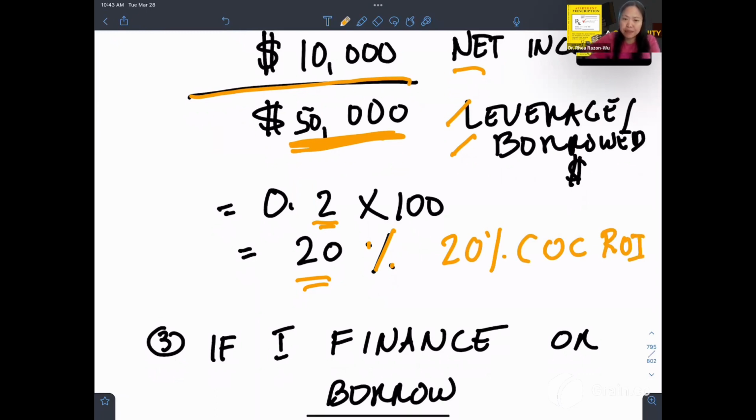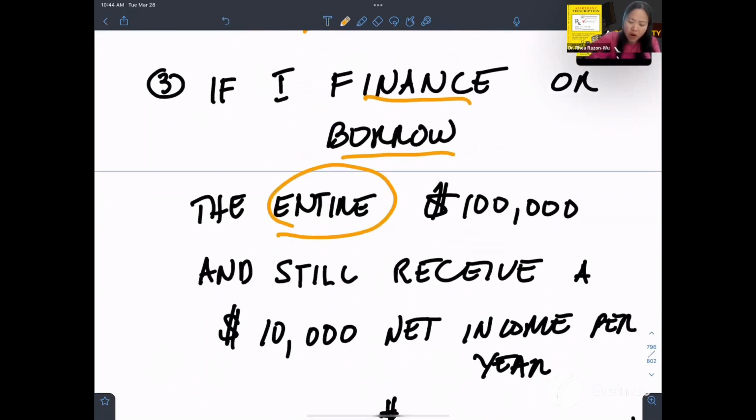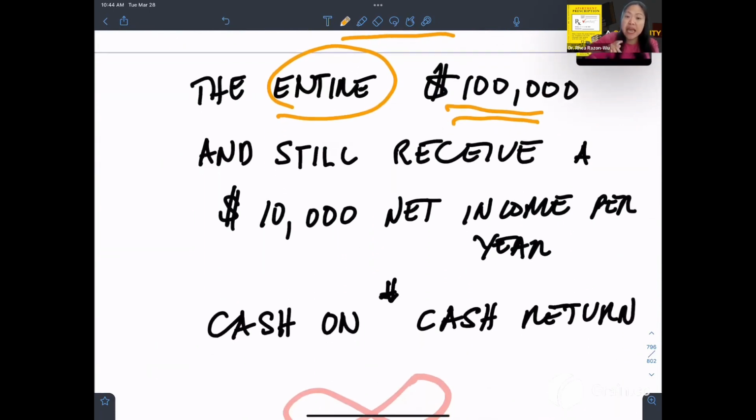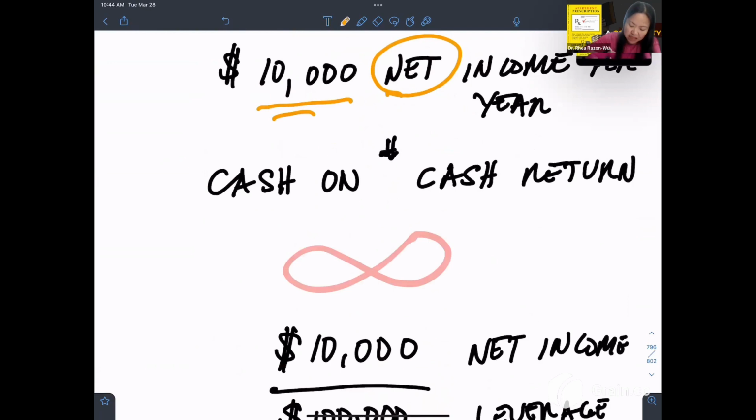Now, third example, if I finance or borrow the entire 100,000, and I'm still able to receive a 10,000 net income per year. So the cash on cash return is, do you know the symbol? This is called the infinity symbol.